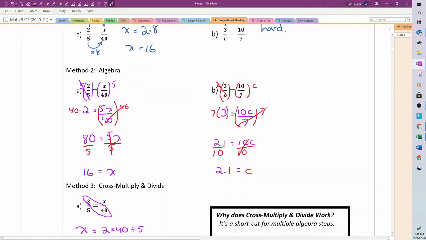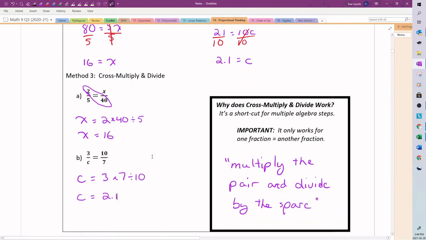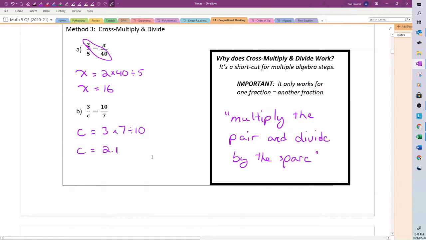If you're not seeing that, don't worry about it. It'll come up again later in an algebra section. For now, it just works, but you have to remember it only works when you have one fraction equaling another fraction. So basically, it only works with proportions, okay?